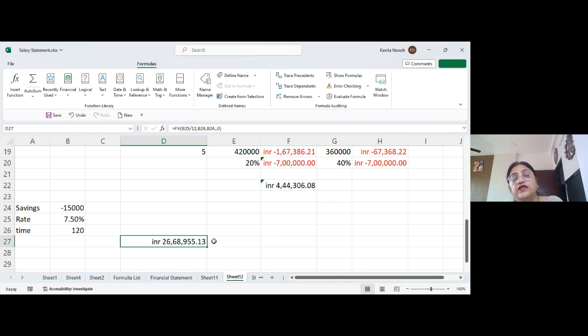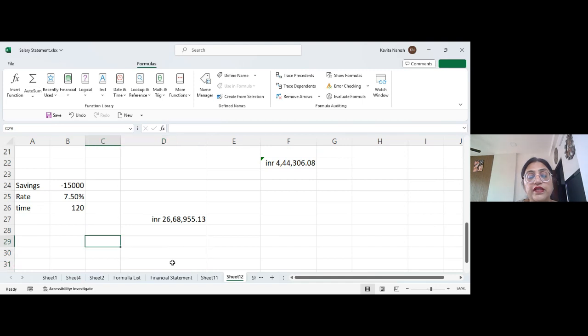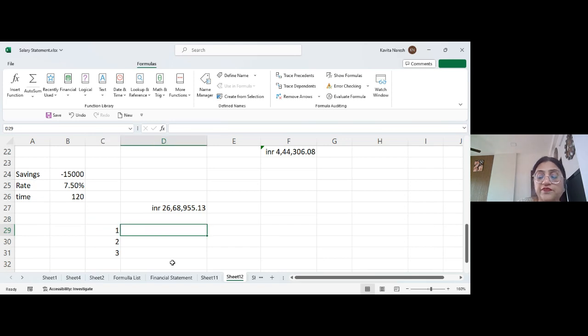You can do it yourself and you can make the chart also, na? First 15,000, then the interest you should calculate. Like I'm going to give you 1 or 2 examples. Okay, 1, 2, 3, first or second months. So first I'll deposit 15,000 rupees. Right?